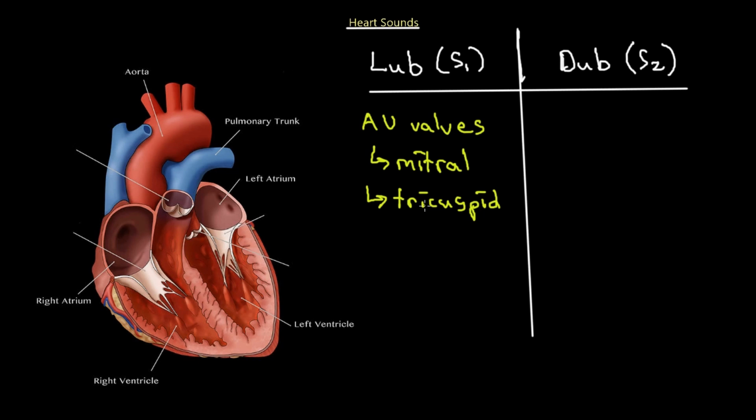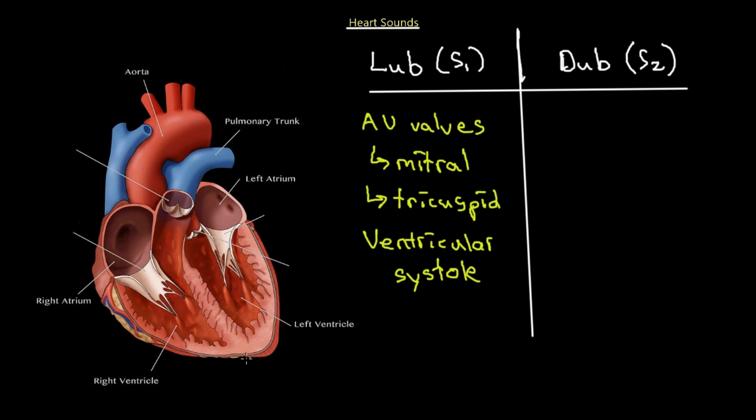And the closing of the AV valves occurs during ventricular systole. So if you could imagine that the ventricle is contracting, it's in systole, you don't want any blood flow or any backflow into the atrium.